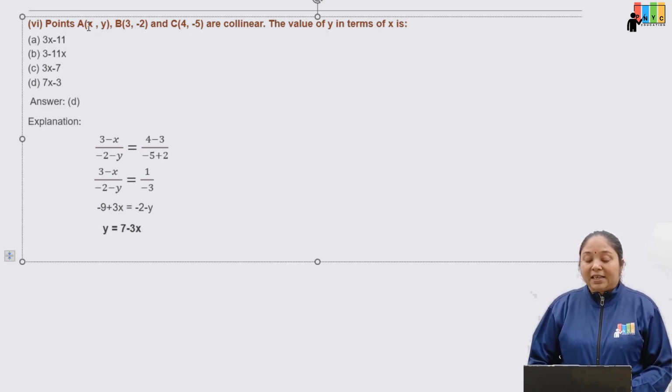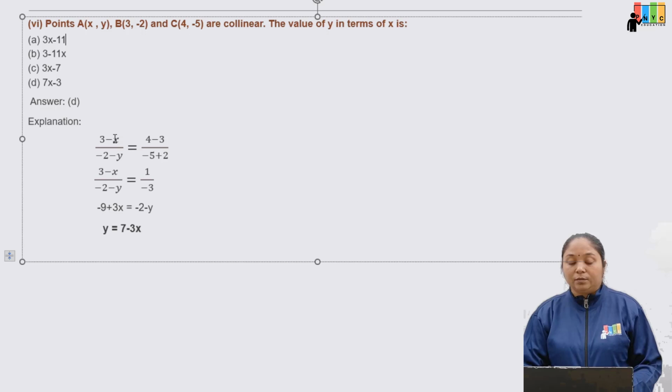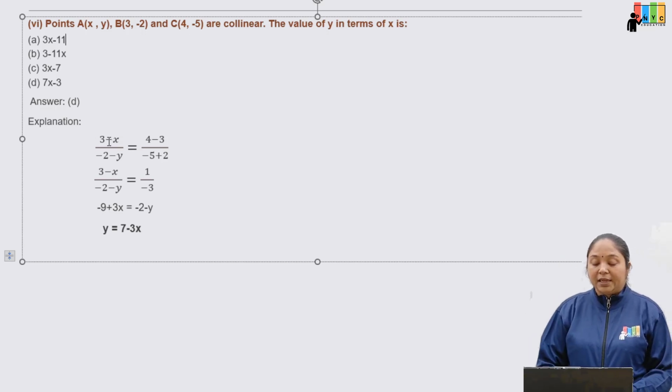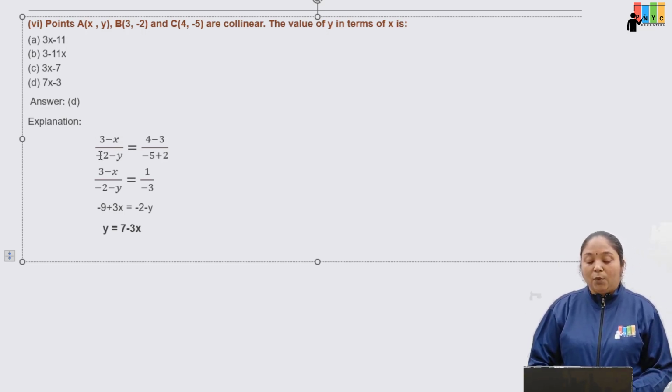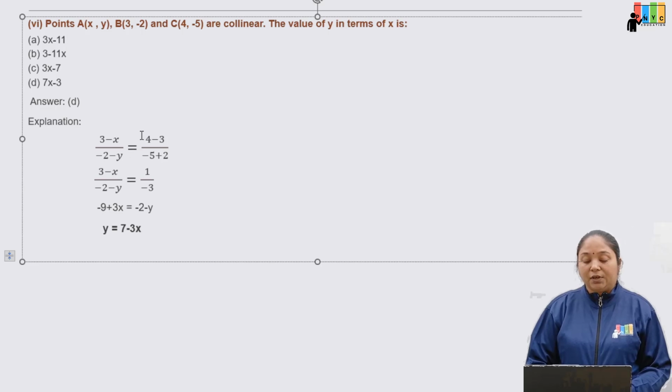So coordinates A, B and C are given. They are collinear. So we can write (x2 − x1)/(y2 − y1) = (x3 − x2)/(y3 − y2).